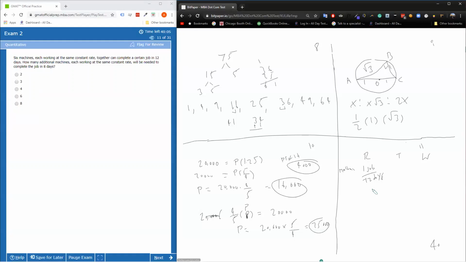So to do the job in 8 days, that's 9 jobs for 72, one job every 8 days. So we'll take 9 machines to do it in 8 days, which is 3 more than 6.